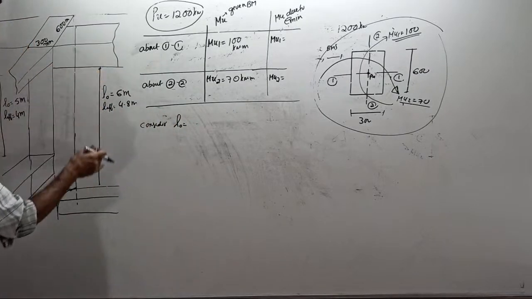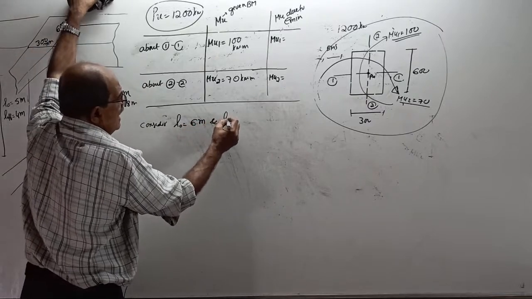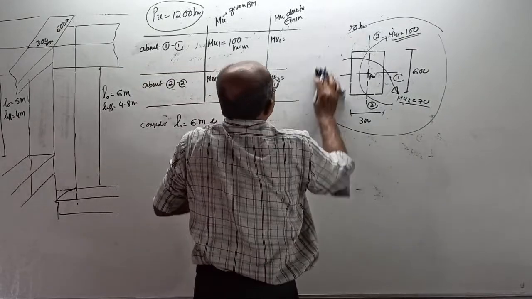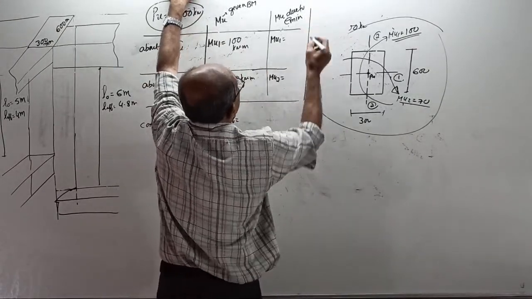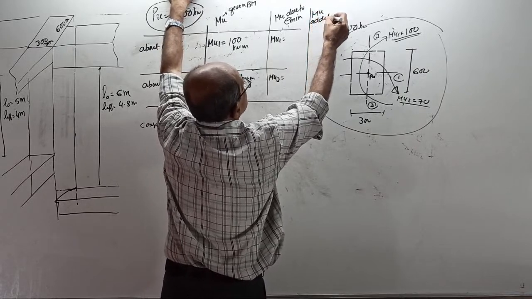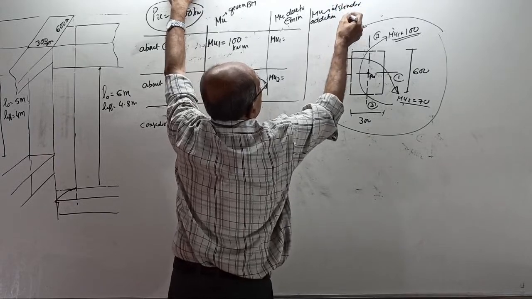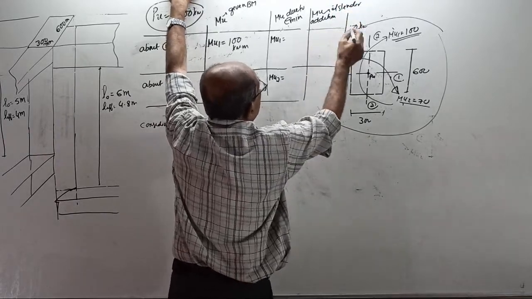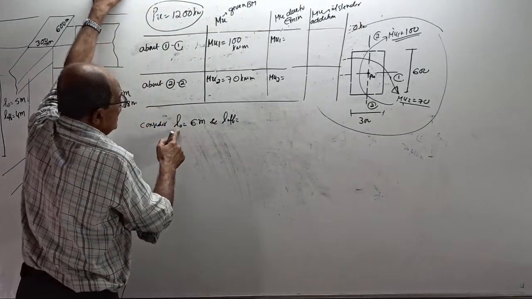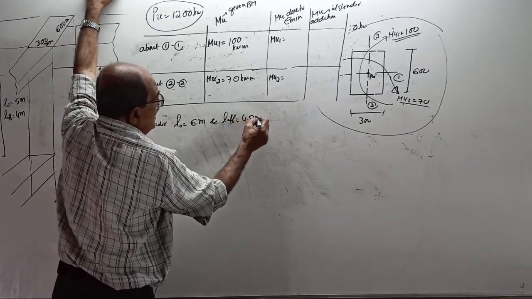Take this one first: L0 equal to 6 meter and L effective equal to later. Later I also want additional MU if it is slender. Consider L0 6 meter and corresponding L effective 4.8 meter.